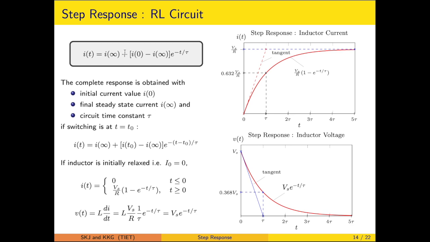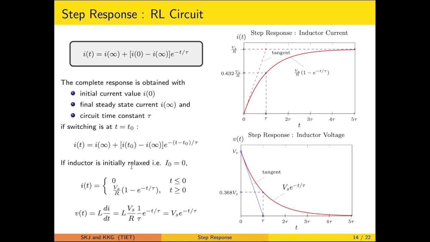The only difference here is that in RC we get the expression for the capacitor voltage, here the expression for the inductor current results. Now if the switching is effected at time t is equal to 0, the equation has to be modified accordingly.